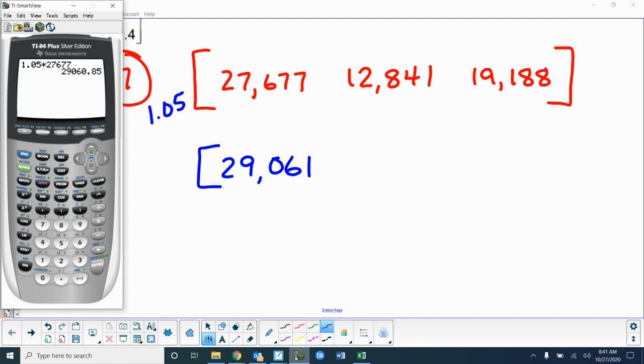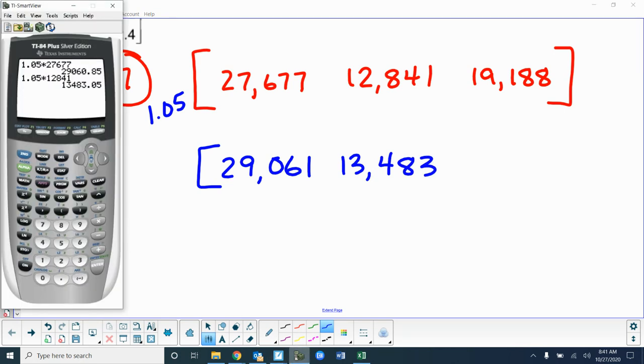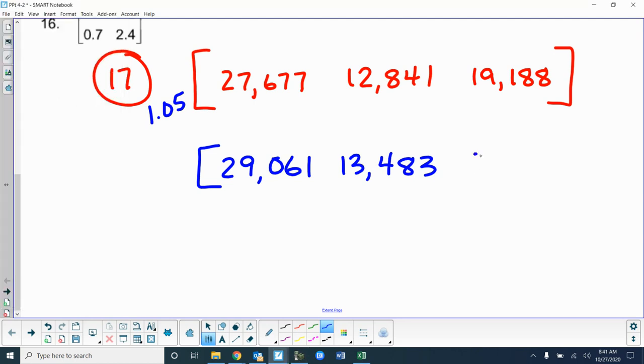If I hit second enter, it gives me the last problem I put in there, and you could just put new numbers if you want. 12841. So 13,483. And then second enter, and then go back and do 19,188 and 20,147. So that's how I would do that problem.